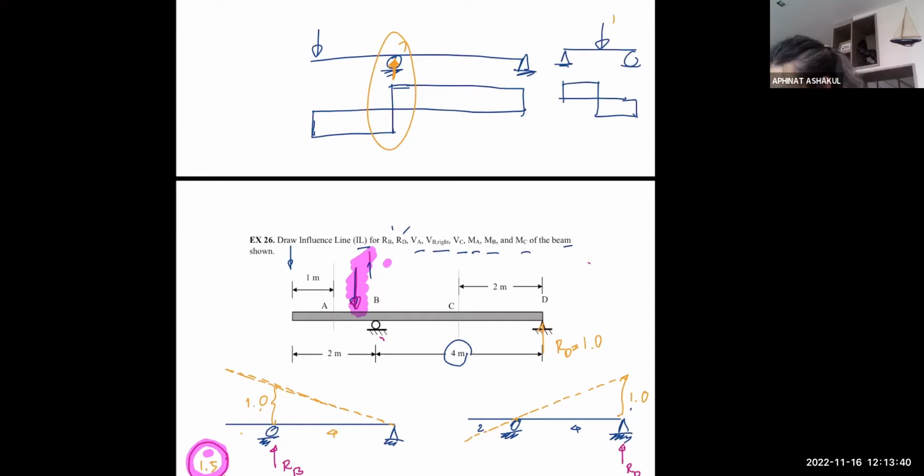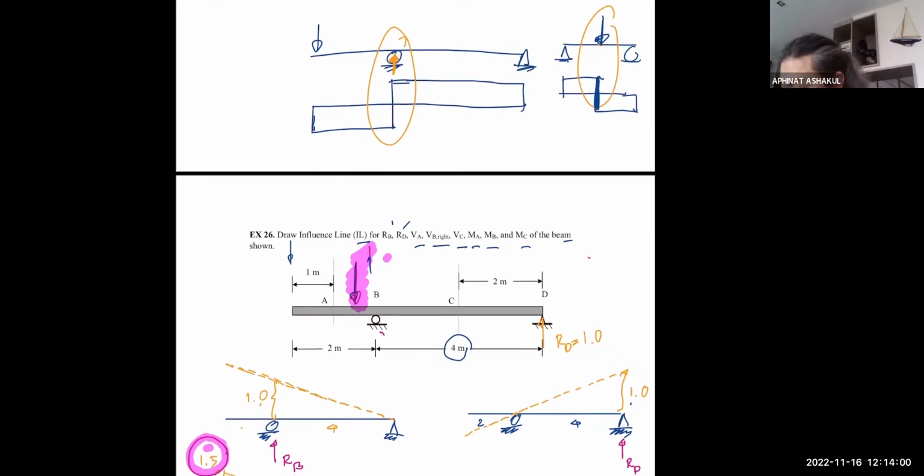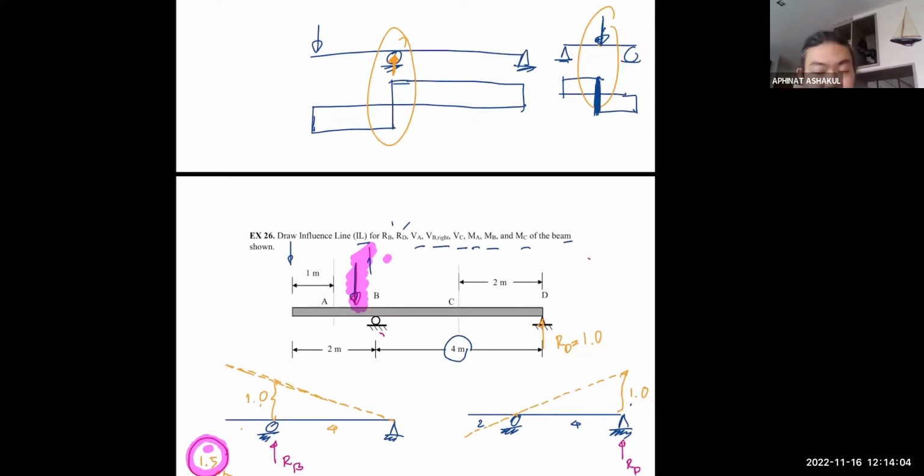So you would have two values of the shear depending on where you are. Just like we discussed before, because this unit load causes the abrupt change of the shear. That's why you have the sharp drop of the shear force diagram. Whenever you see the point load, your shear force diagram will always have a sudden drop or sudden change of value because of the presence of the load itself.